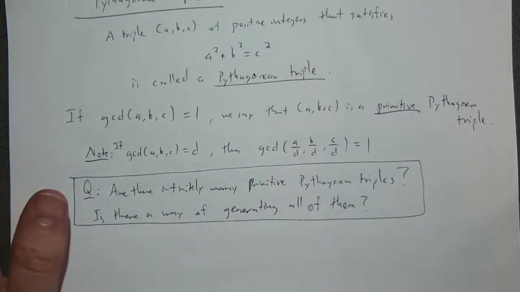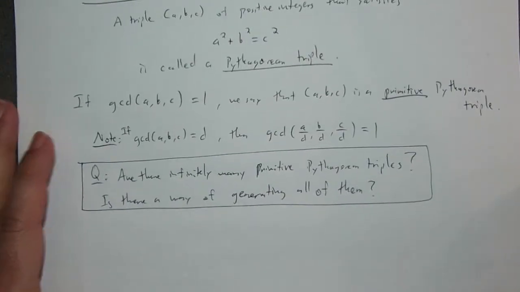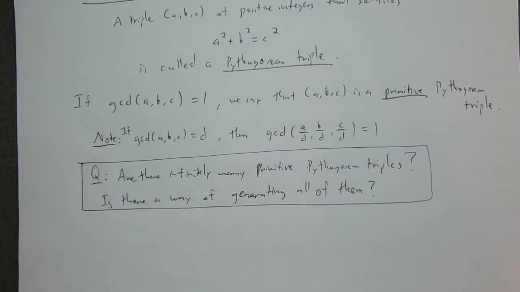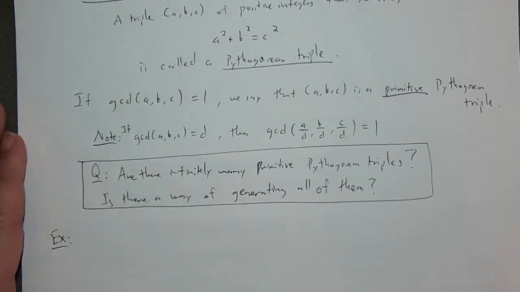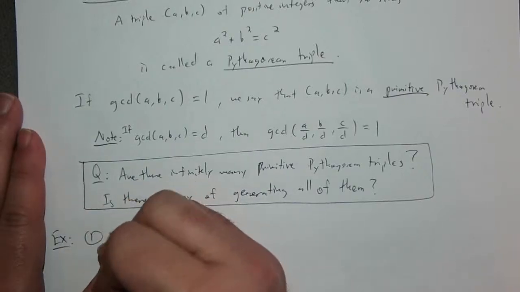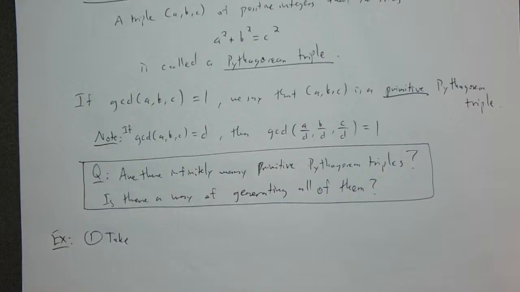Okay, so there's an easy way of generating Pythagorean triples. It doesn't generate all of them, but it will generate infinitely many. You can generate infinitely many with this process, but it doesn't hit all of them. So here's one quick example of how I can hit a bunch. Take, say, an odd number.